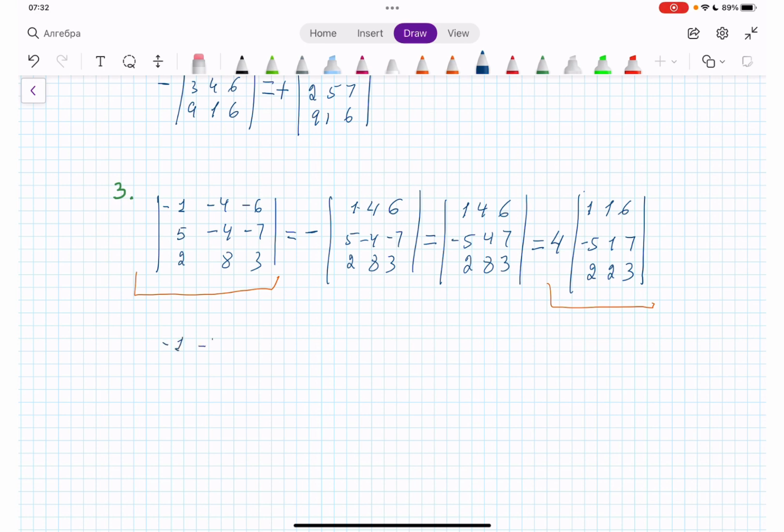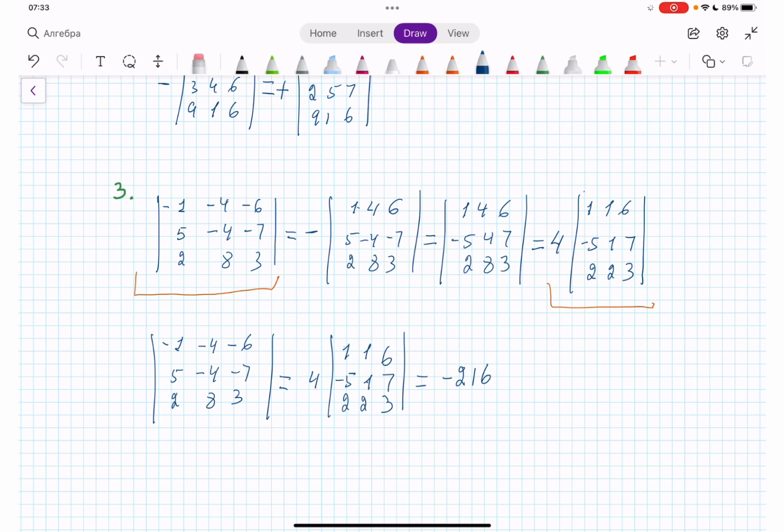Negative 1, negative 4, negative 6, 5, negative 4, negative 7, 2, 8, 3 is equal to 4, 1, 1, 1, 6, negative 5, 1, 7, 2, 2, 3, and this is equal to negative 216.